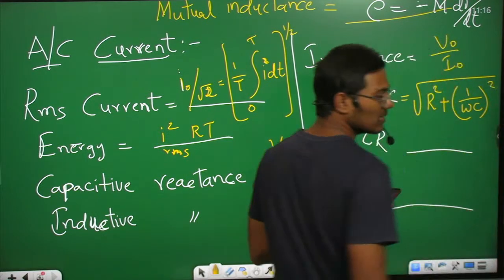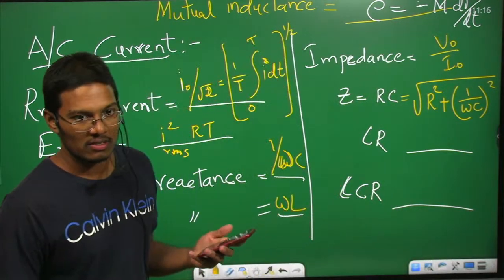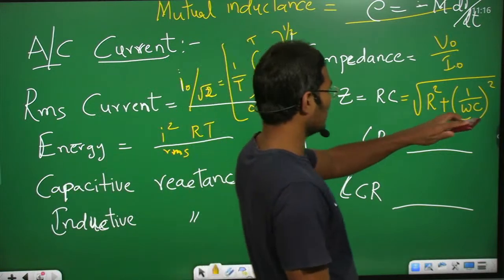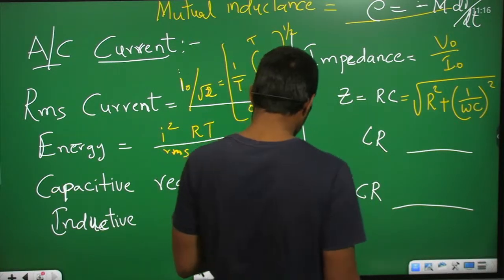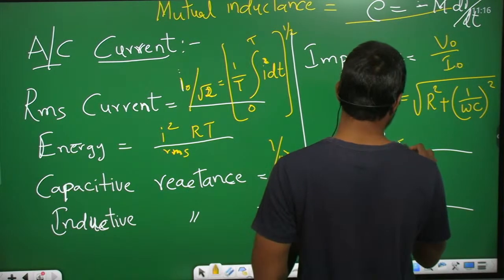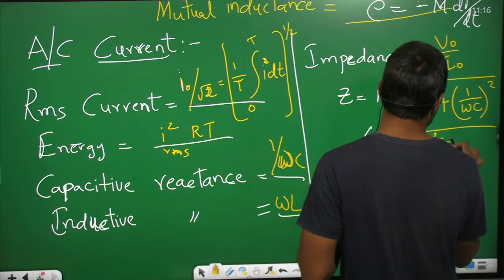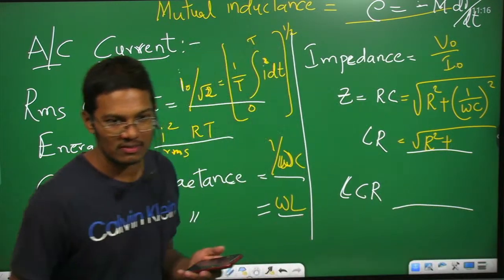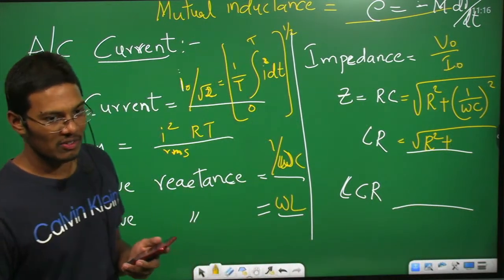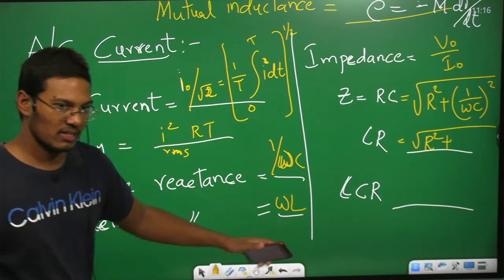Your XC stands for 1 by omega C. What is this for LR? XL stands for omega L here, right?